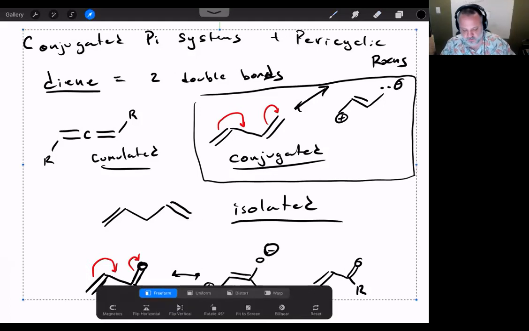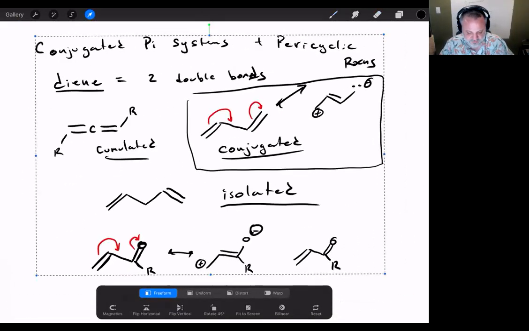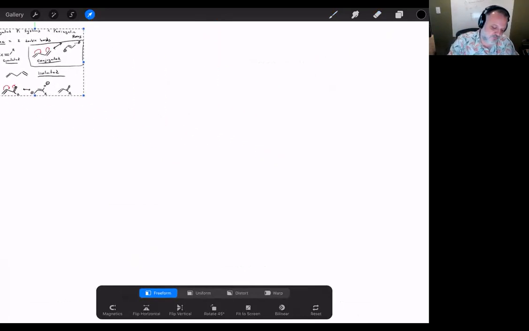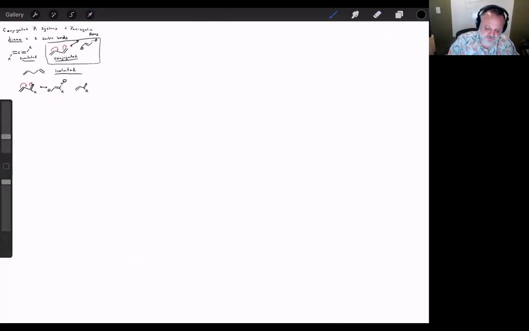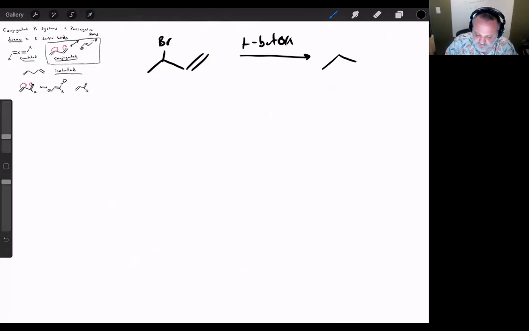All right, so let's see, how could I make these things? Well, again, this is a review of some chemistry that you already know. If I take something that has a double bond like this, and I react it with t-butoxide, reacting it with t-butoxide prevents the substitution reaction that would be in competition from happening. I can form a doubly conjugated pi system this way.